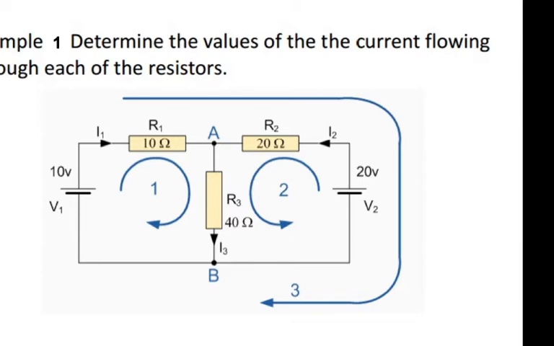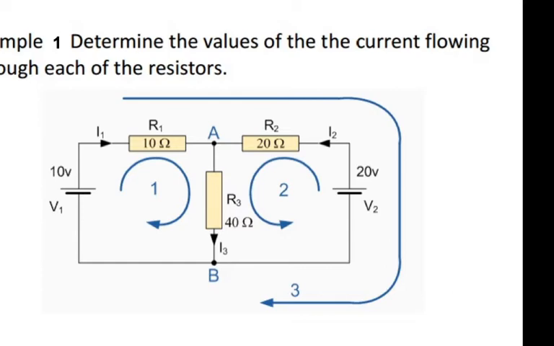And finally, we have our loops. That's inside. We have 1 going clockwise on the left and 2 going counterclockwise on the right. And they even give us the resistance of all three of our resistors: 10 ohm, 20 ohm, and 40 ohm.